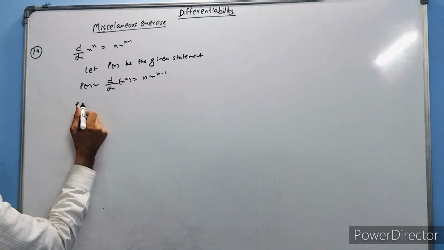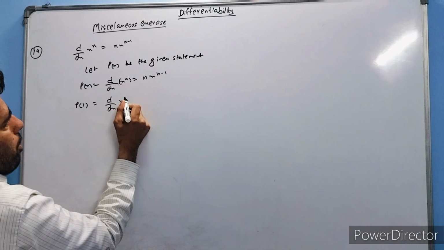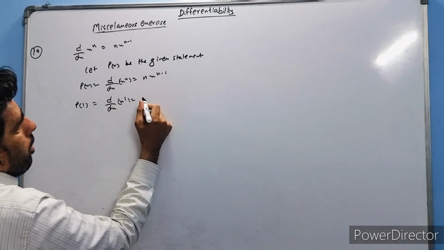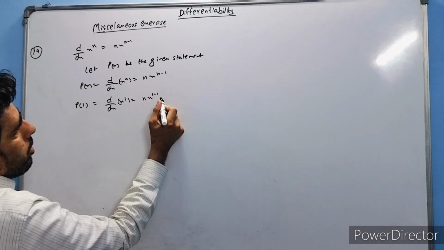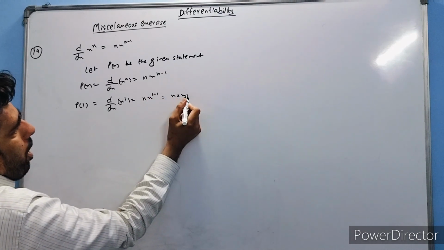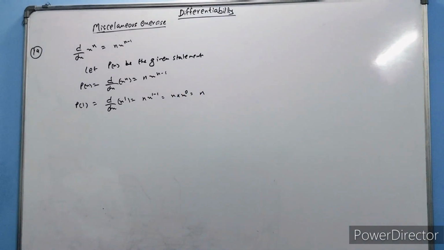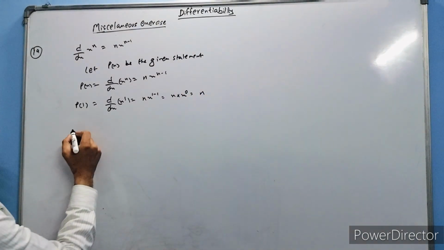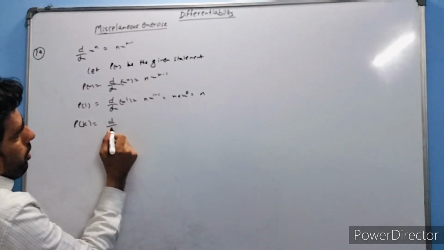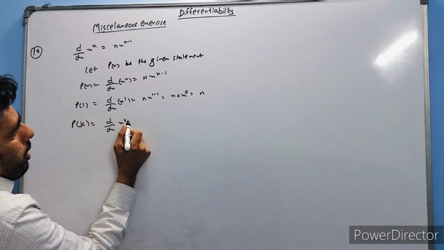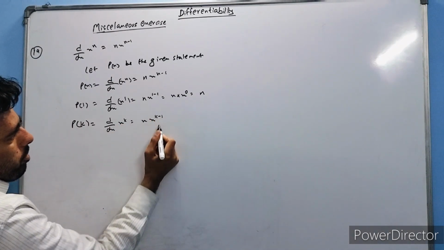If we have P1, so we have x power 1, which is equal to n into x power 1 minus 1, that is x power 0, so we have n. Okay, so we have this. Now if I try to prove for Pk, it will be d by dx of x power k is equal to k into x power k minus 1.